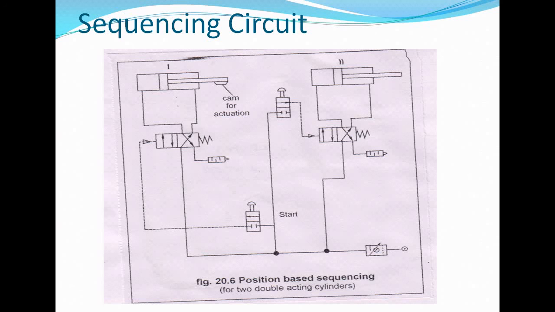When this valve gets actuated, this port is connected to this port and this port is connected to this port, so we will be having backward motion for cylinder B. So this is how the cylinders work in sequence. Initially, when we start the operation, we have to press this valve.